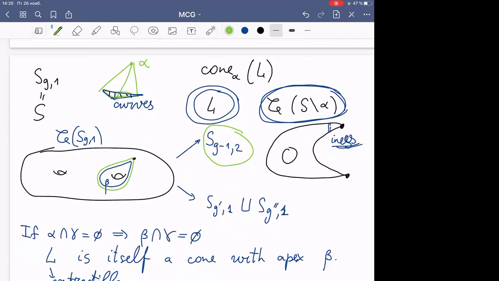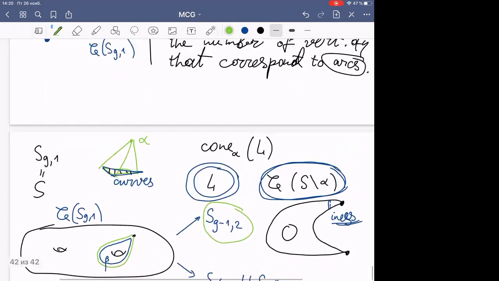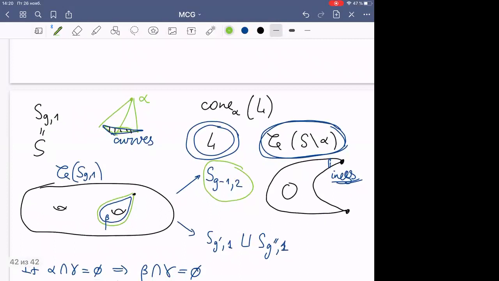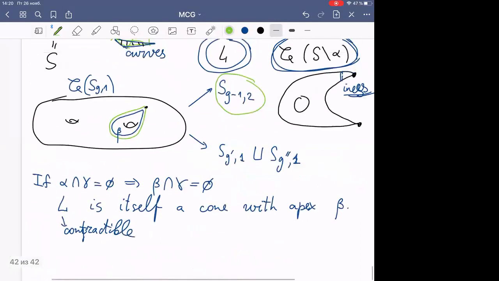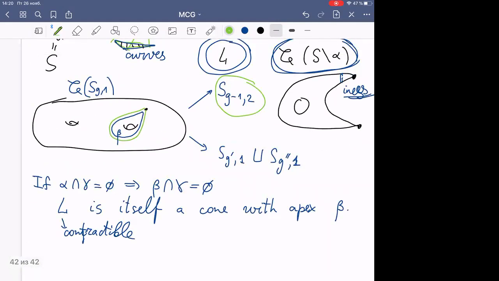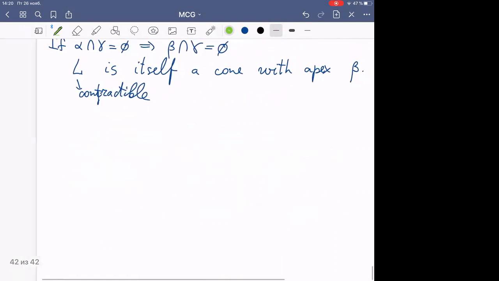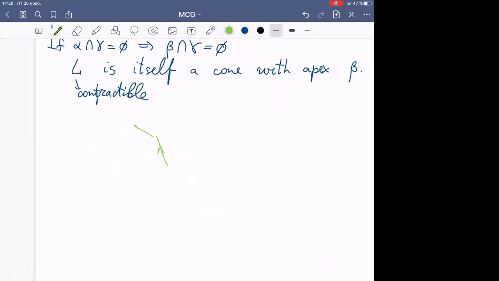I will be more precise next time, but if we have several arcs, then it is possible that several arcs decompose our surface, for instance, as a 4g-gon, a usual 4g-gon.